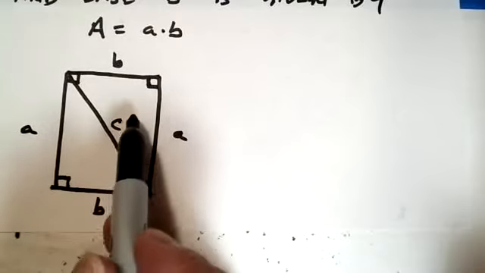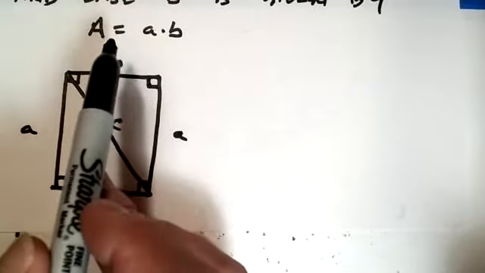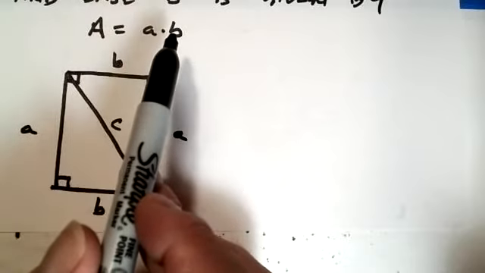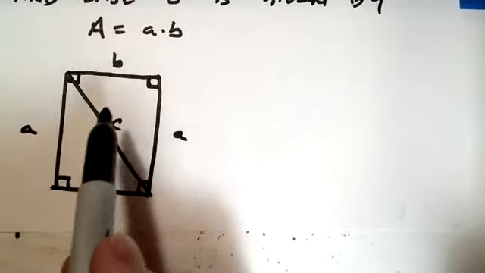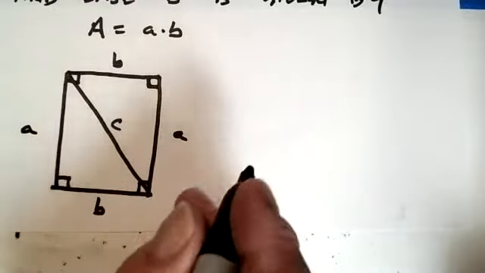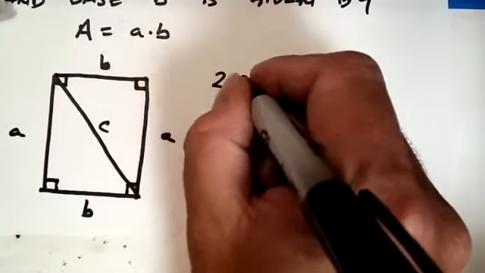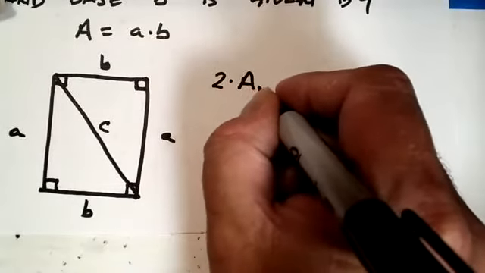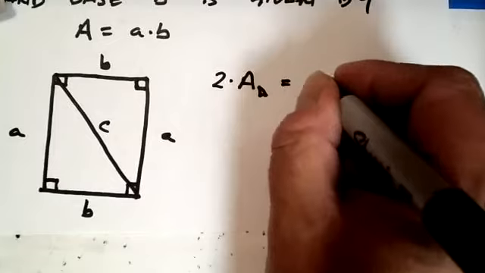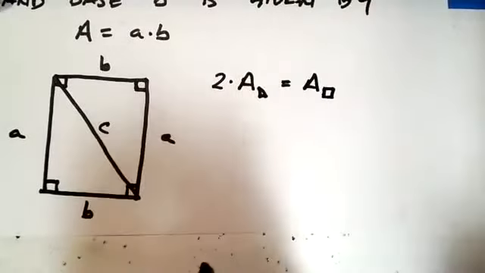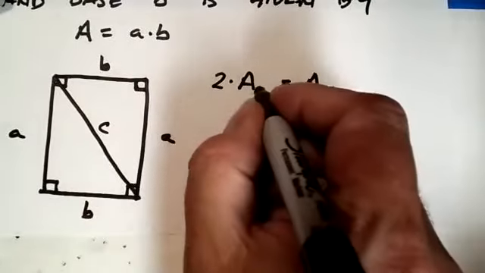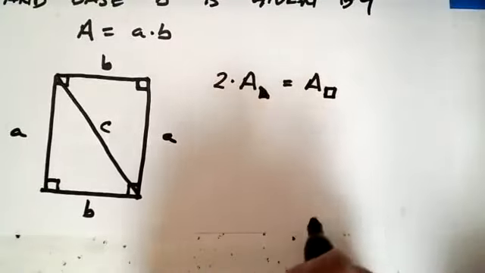So if I have two triangles whose areas add up to A times B, and both of those triangles have the same area, I could say something like this: 2 times the area of the triangle is equal to the area of the rectangle. And I'm using some subscripts to represent which area I'm talking about.